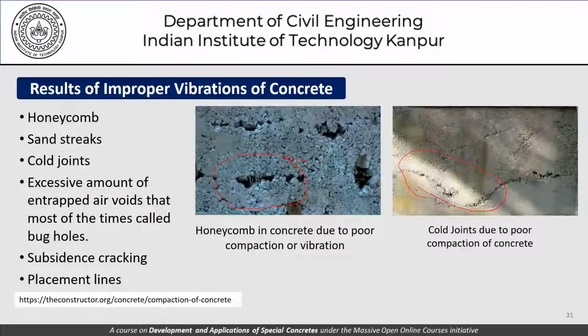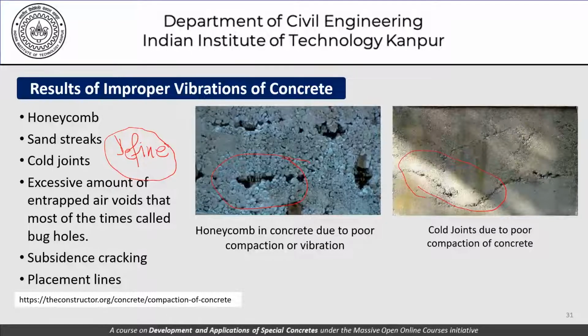So these are some of the technical terms which are used, and I'm leaving it to you to read the literature or search the internet and educate yourself about the actual definition of some of these technical terms in the context of vibration and improper vibration and the quality of surface concrete that we are talking about.